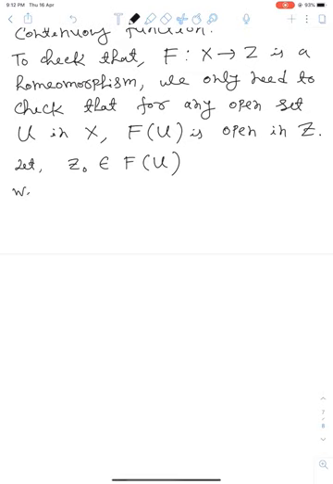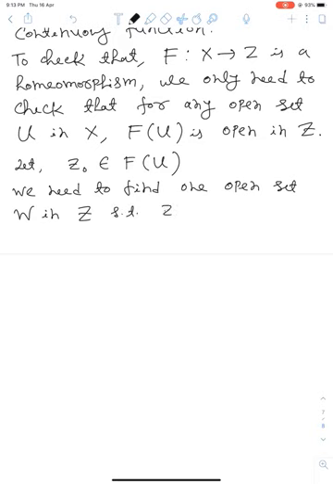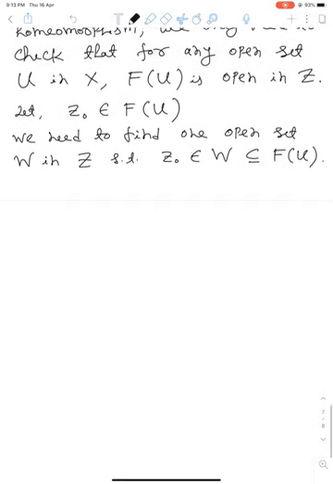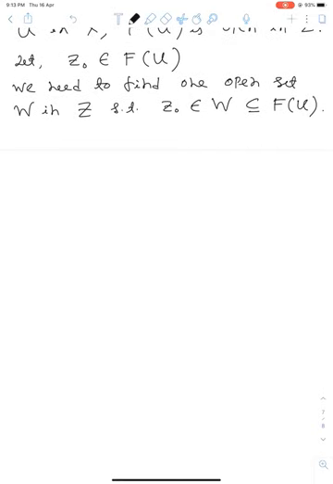We need to find one open set W in Z such that z0 belongs to W, a subset of f(U). So we need to find such a W.